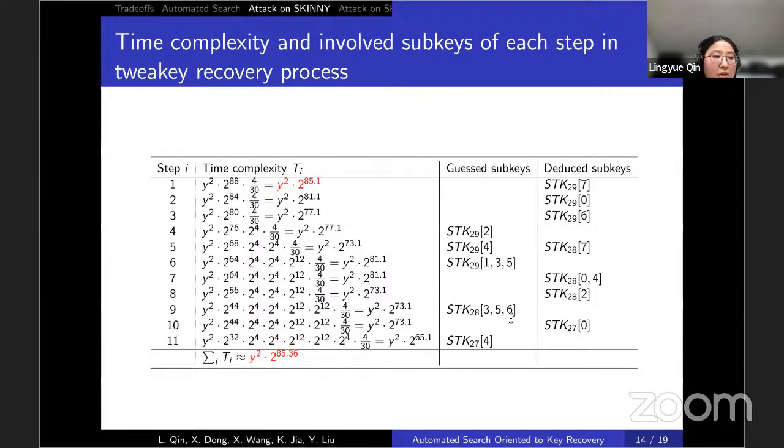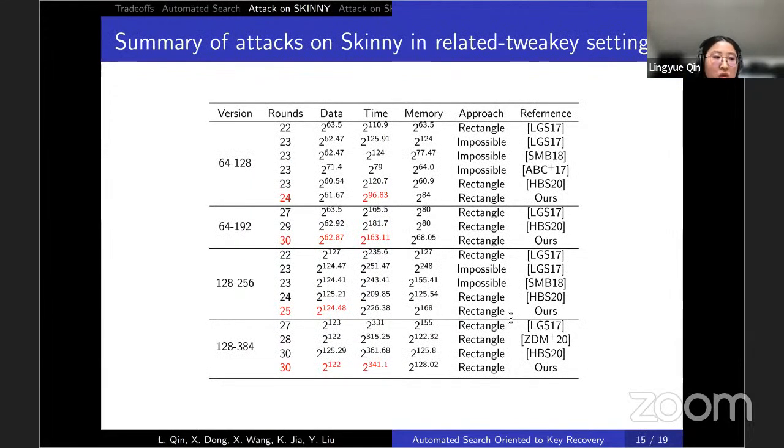Then the key recovery process is just a guess and filter process. We summarize the cryptanalytic results on Skinny in the related-tweakey setting. For 3 versions of Skinny, our results cover 1 more round than the best previous results.